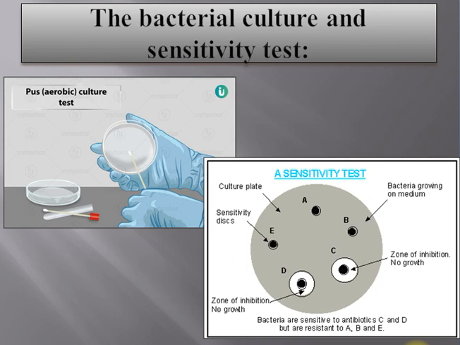Then we have different bottles with different antibiotics, and we put a drop, only a drop, of different antibiotics to different growing cultures, and see if the zone of inhibition is big enough. That means that there is no growth, and this antibiotic can be the antibiotic of choice.